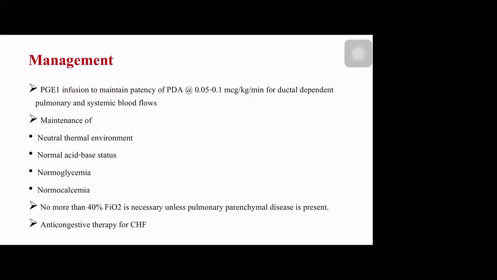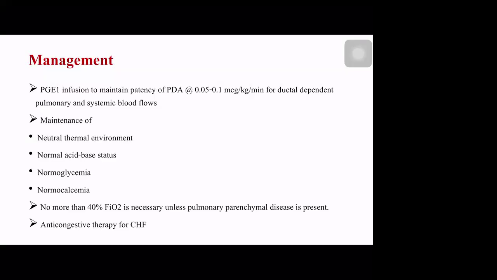Prostaglandin E1 infusion is required sometimes to maintain the patency of PDA for ductal dependent pulmonary or systemic blood flow, because in some patients the pulmonary blood flow is dependent upon the ductus arteriosus, and in some patients the systemic blood flow is dependent upon the PDA.